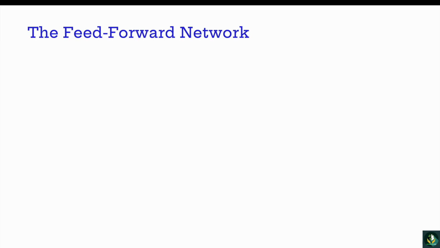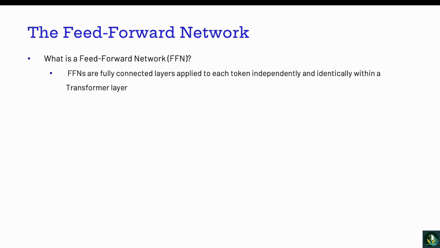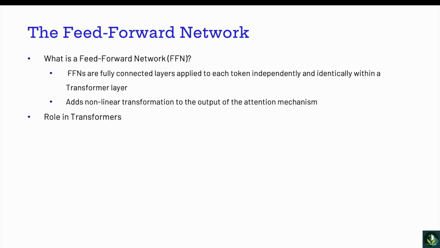Let's talk about the feed forward network next. What is a feed forward network? FFNs are fully connected layers applied to each token independently and identically within a transformer layer. It adds non-linear transformation to the output of the attention mechanism. What is its role in transformers?